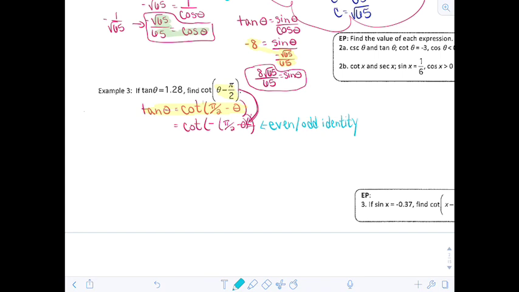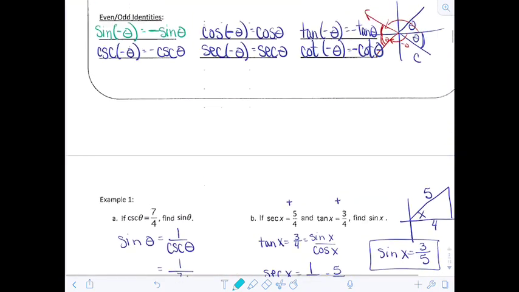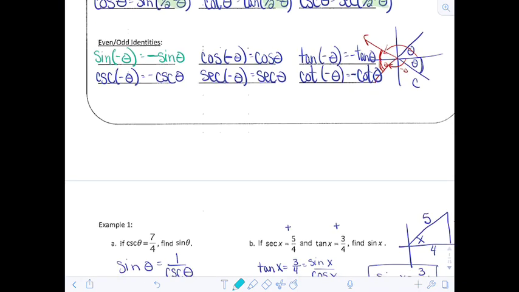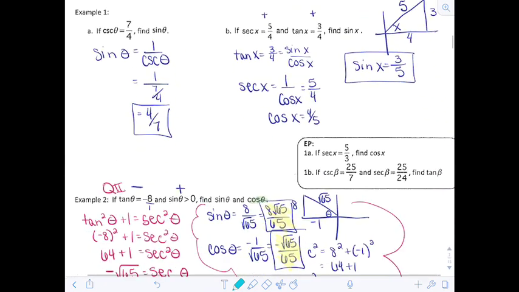Reversing the even-odd identity, remember it says, let's go back up here, and a lot of times these work together. It says, this one right here, the cotangent of a negative theta, and in our case that theta is a quantity. It's now pi over 2 minus theta. That is equal to the overall opposite sign of cotangent, negative cotangent of theta.